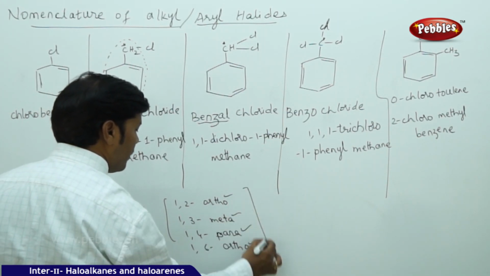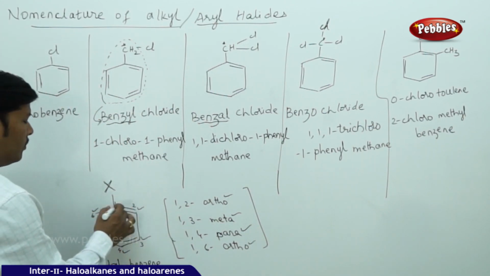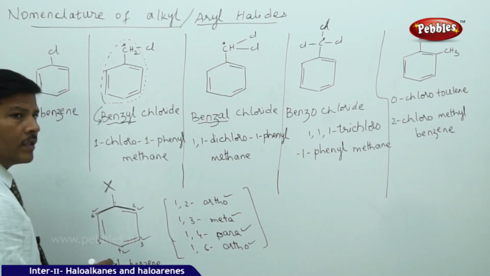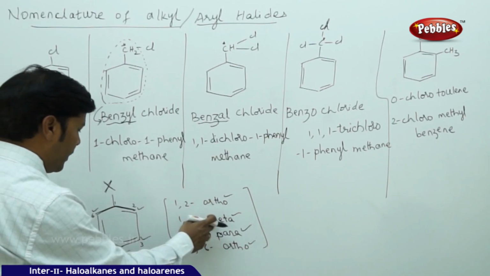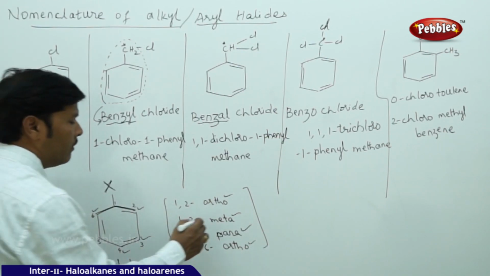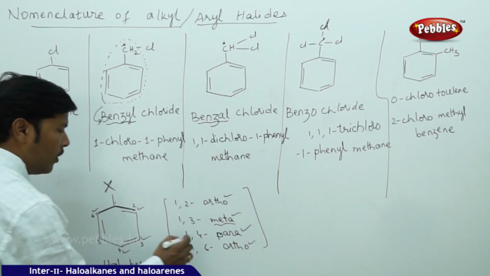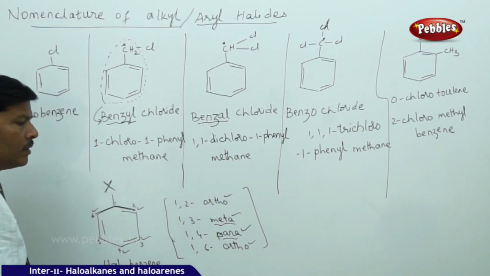So that means we can make one analysis in the benzene ring saying that 1,2 and 1,6 are ortho cases, and 1,3 is a meta case, and 1,4 is a para case. You have only one meta position, that is 1,3, and you have one para position, that is 1,4, but you have two ortho positions at 1,2 and 1,6.